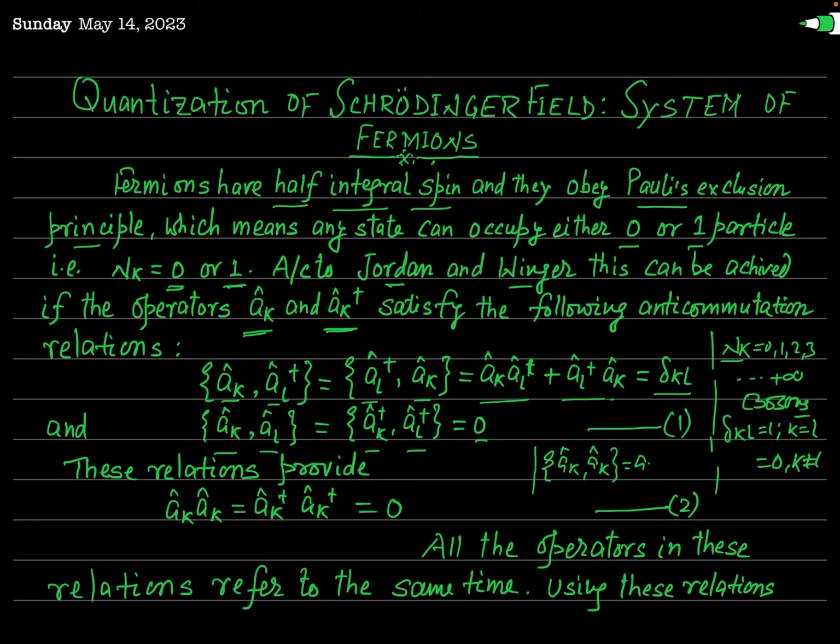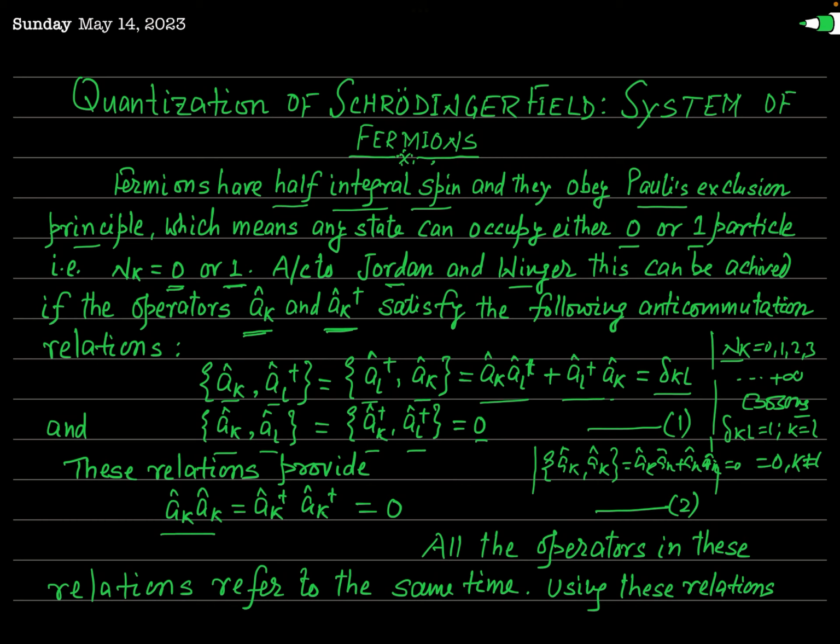That will be a_k hat times a_k hat plus a_k hat times a_k hat, and this will be equal to 0, and so 2 a_k hat squared equals 0, and so you can say that a_k hat squared is equal to 0.